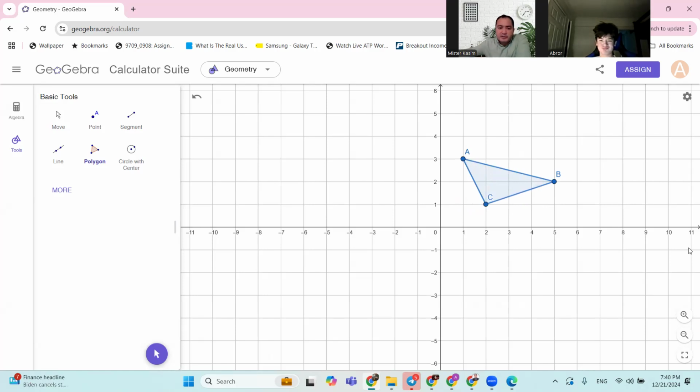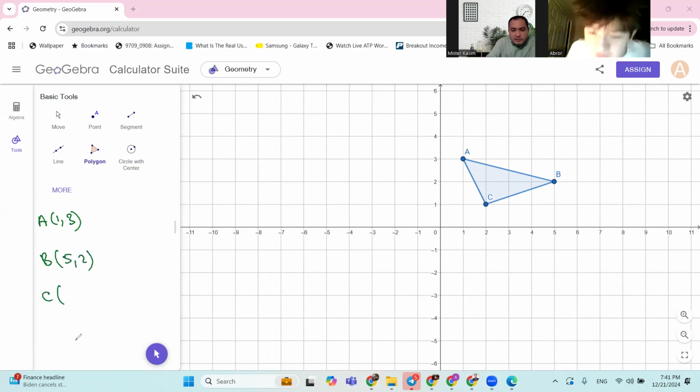Let's write the coordinates of this triangle first, and after that we will enlarge and reduce. What are the coordinates of A? 1 and 3. Coordinates of B? 5 and 2. And coordinates of C? 2 and 1.